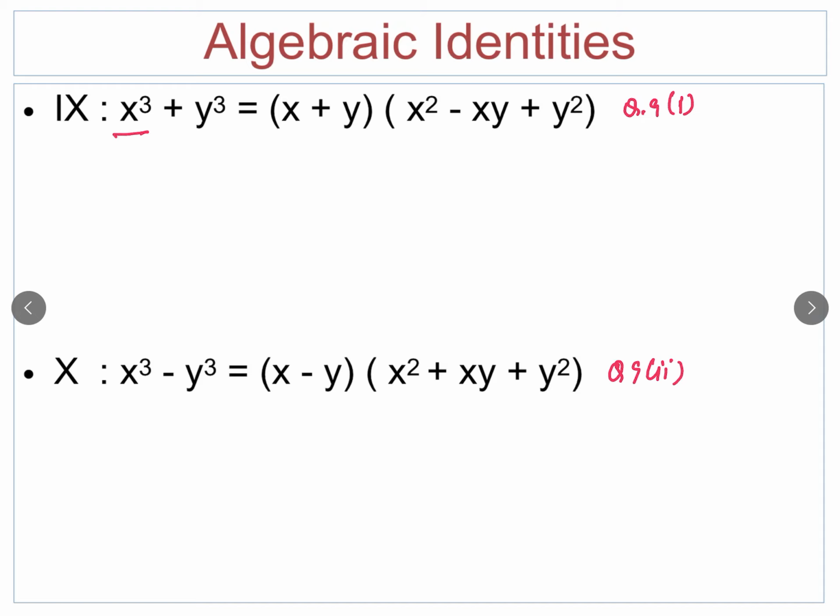We have x cube plus y cube is equal to x plus y into x square minus xy plus y square. Now we have to prove these identities.